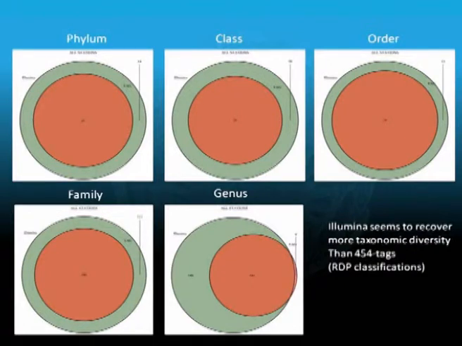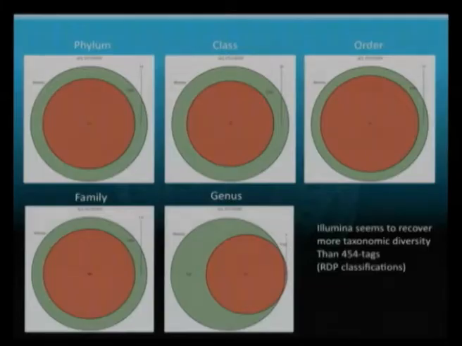For instance, at the order level, there are 79 or 70 orders picked up by tags, which come from a PCR, but the 16S reads from the metagenomes pick up an extra 33 orders. This is happening for all ranks except genus, where apparently tags recover a few things which were not present in Illumina. But in general, it seems that with this approach of extracting diversity data from metagenomes, you can recover more from your community.